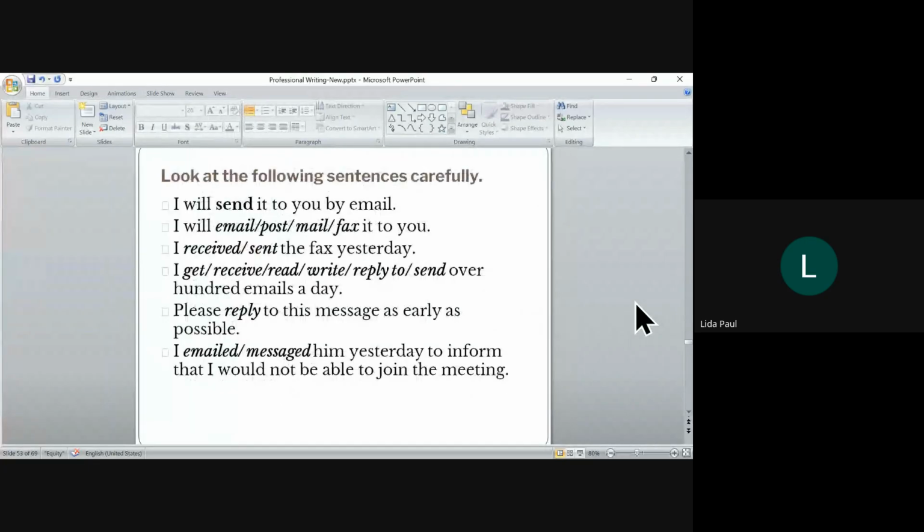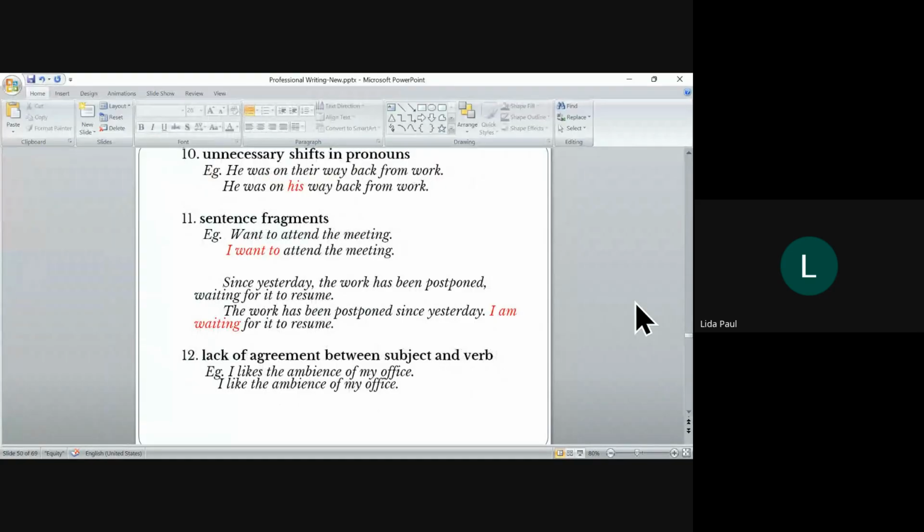Then comes unnecessary shift in pronouns. Just like tense consistency, one should also maintain pronoun consistency, right? So, he was on their way back from work. What's the problem here? We are using a plural pronoun for the subject.